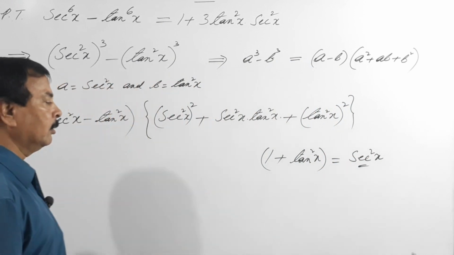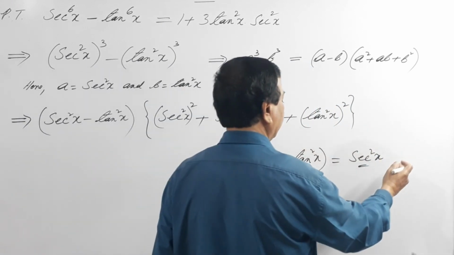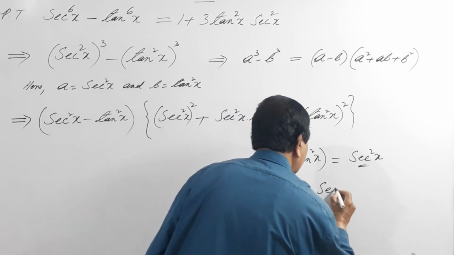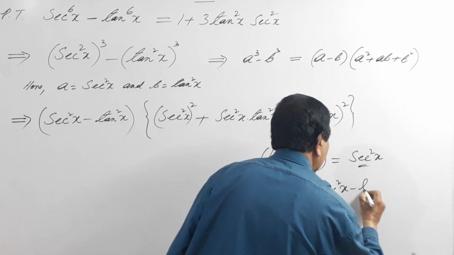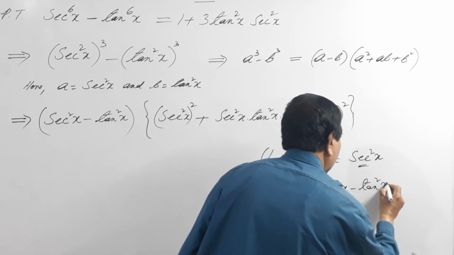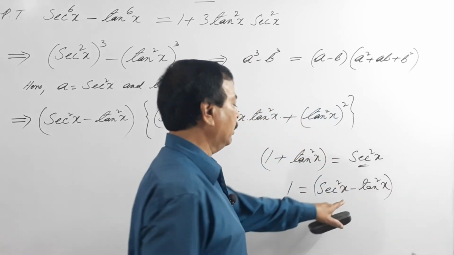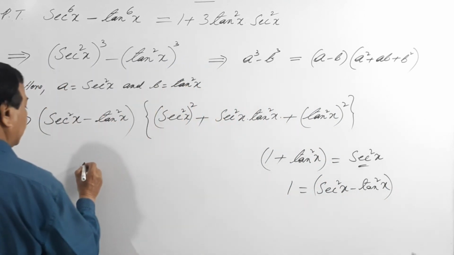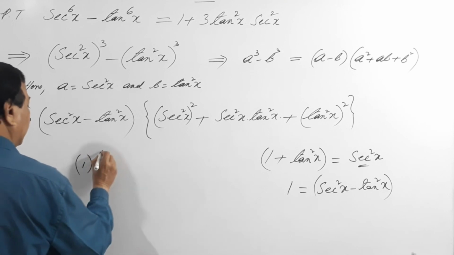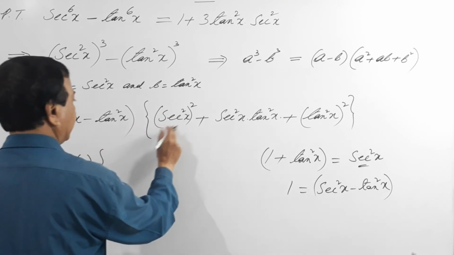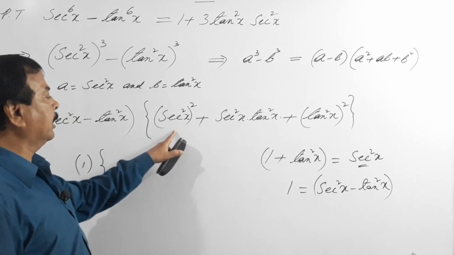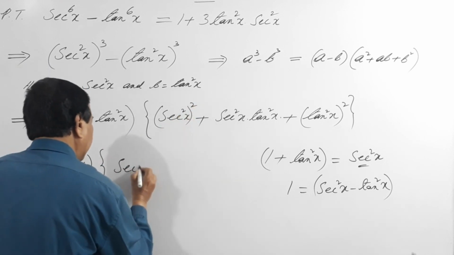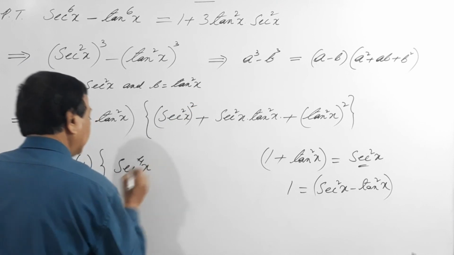If I send this tan square x to the right hand side, on the left hand side we get secant square x minus tan square x, and this is nothing but 1, right? I'll substitute the value of this as 1 into, this becomes secant square x whole to the power of 2, which is secant to the power of 4x.